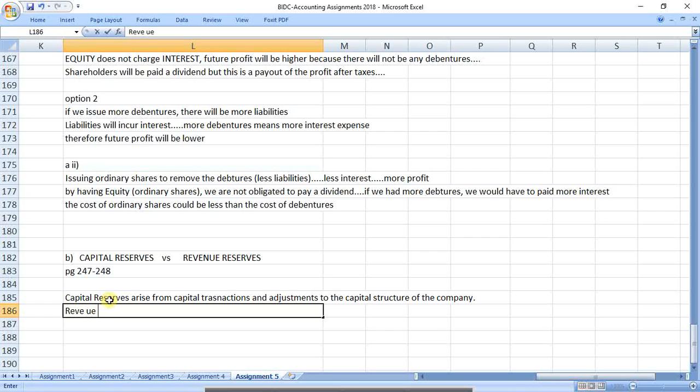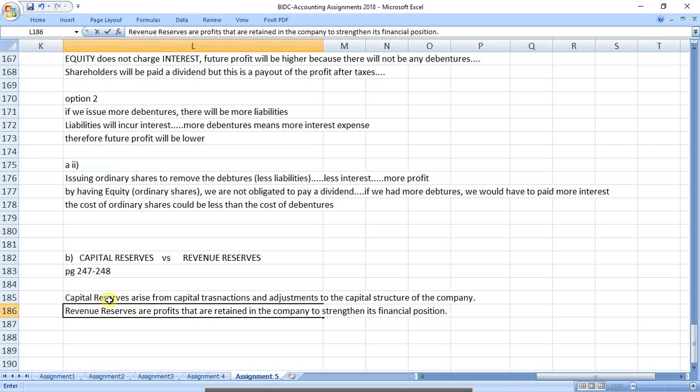Okay, definition for this one. Revenue reserves are profits that are retained in the company to strengthen its financial position. That's the first sentence.